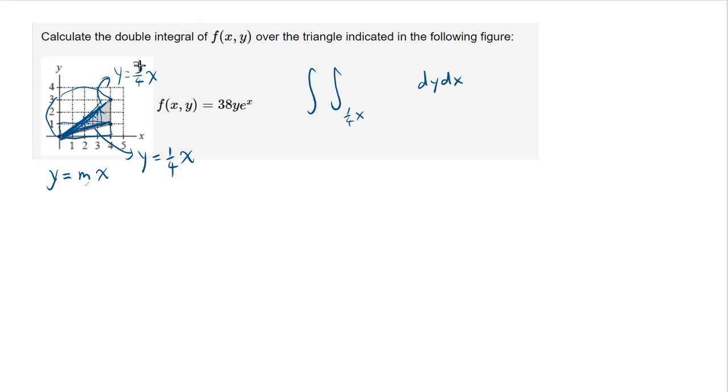The other line is 3/4 of x, and you're integrating 38y e to the x. And then after you integrate, what are the values for x? See, inside you have to do curve to curve, then outside it has to be a number. It should never be functions here, okay? So it's point to point.